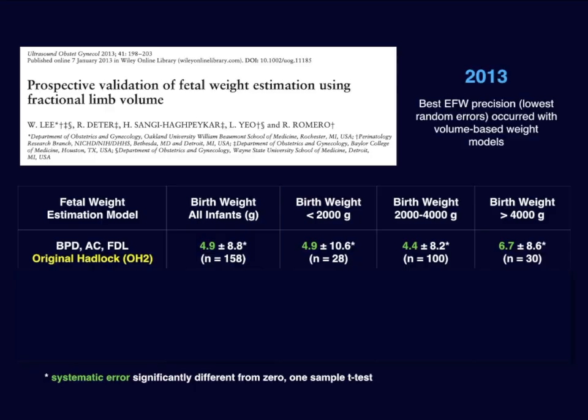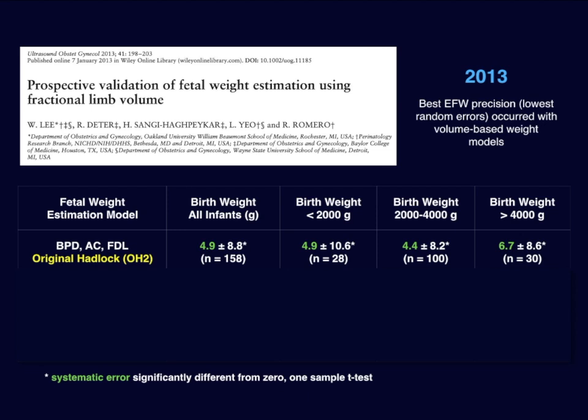A prospective study of 164 women was performed within 4 days of delivery to validate the accuracy and precision of estimated fetal weight when fractional limb volume was added as part of the weight estimation process, essentially by replacing the femur diaphysis length with AVOL or TVOL.